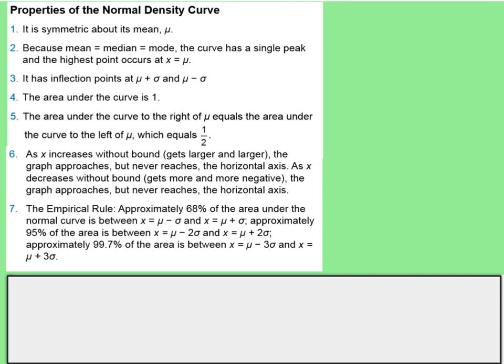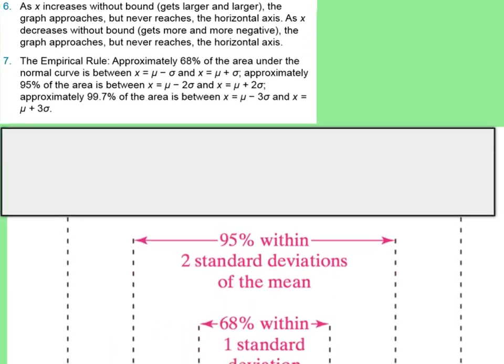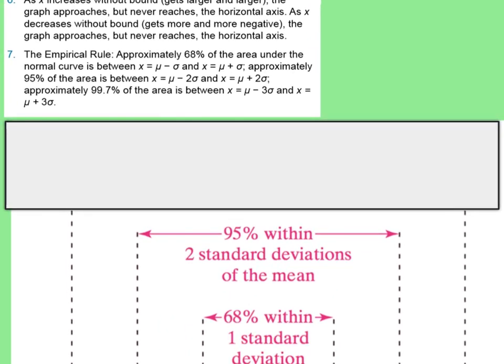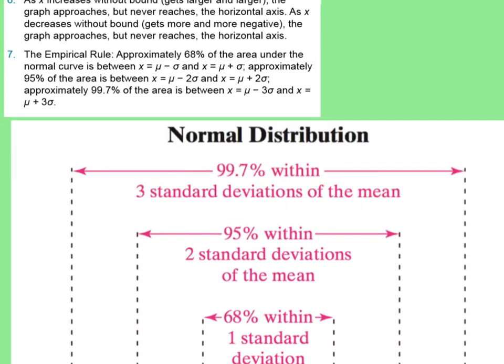Okay, and then another term coming back from earlier in the semester, the empirical rule applies to this distribution. So we have 68% within 1 standard deviation, 95% within 2, 99.7% within 3 standard deviations of the mean. Let me scroll down a little bit here and drop that rectangle off. There we go.